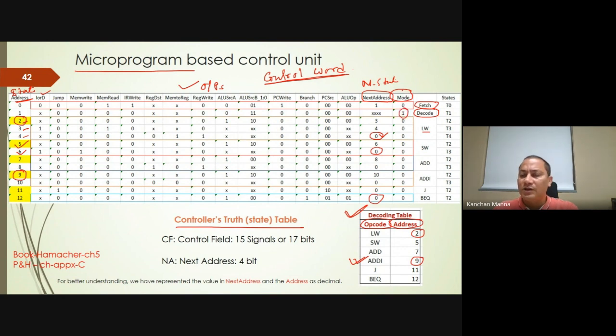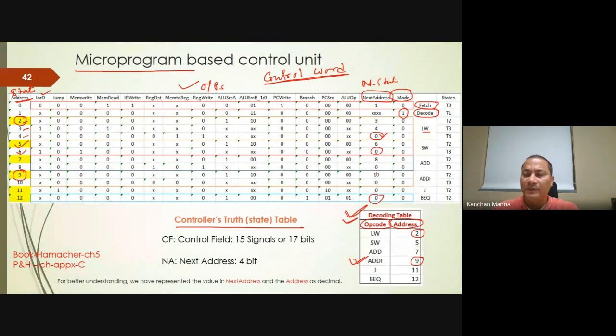What the mode field does is that it tells about the source of the next address. When mode is 0, the next address would be coming from the control word itself. When the mode field is 1, the address would come from the decoding table.